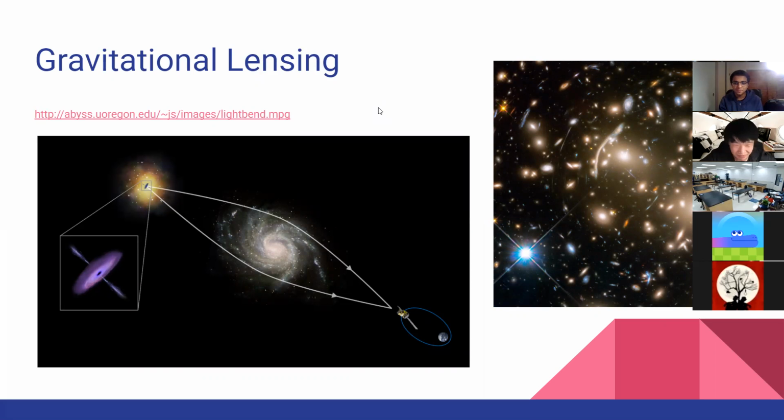The picture on the right was taken by the Hubble Space Telescope, and as you can see, all the light is bent because of the massive objects there. It's probably a massive galaxy or a black hole that has bent the light that travels to us.